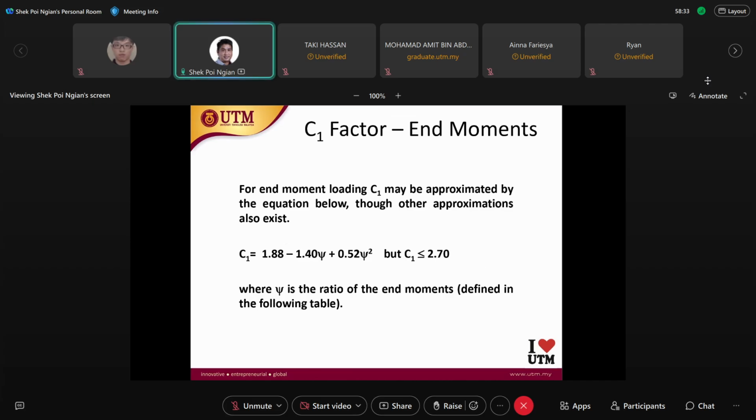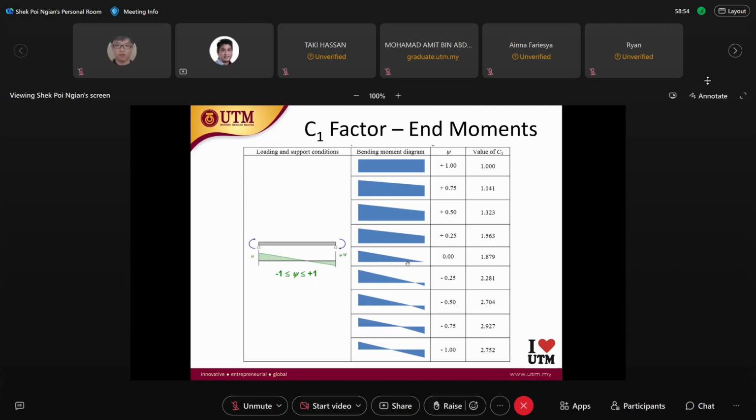Yeah, no, this is called psi. Okay, PSI, psi. This symbol is called psi. Psi is the ratio of end moments.